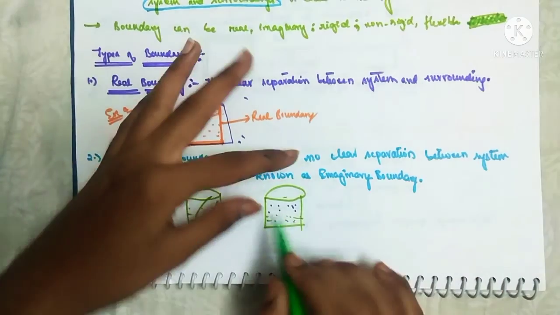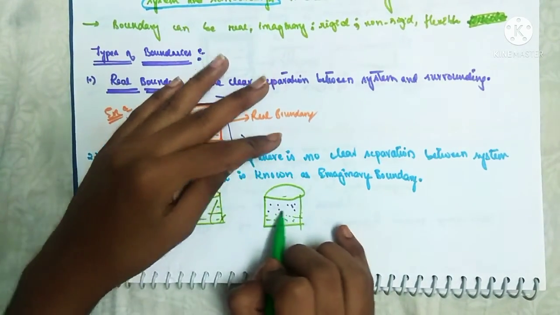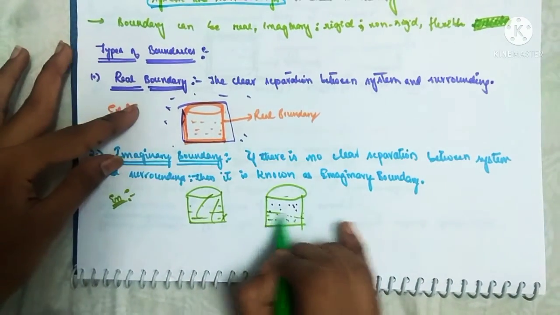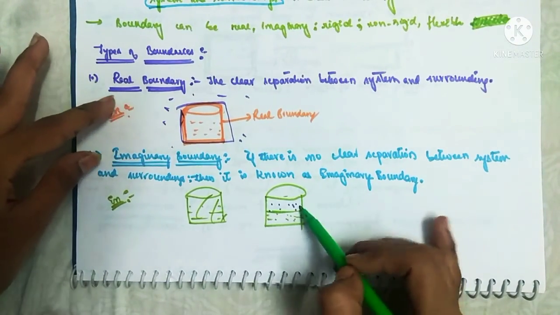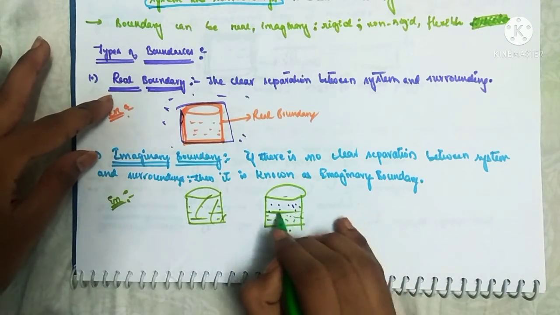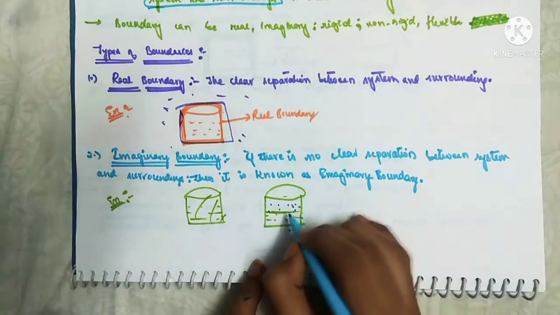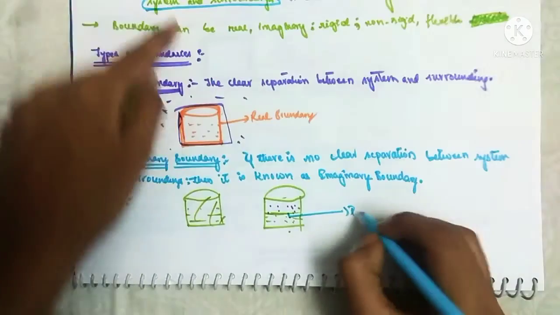Here, if you see, there is no clear separation between the gas molecules and the water. So the boundary between these gas molecules and the water is known as imaginary boundary.